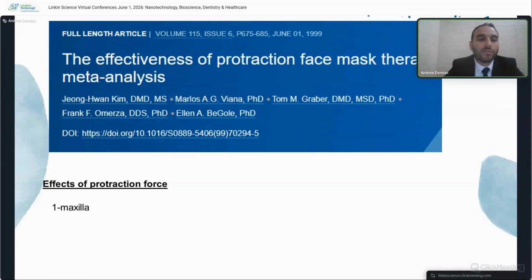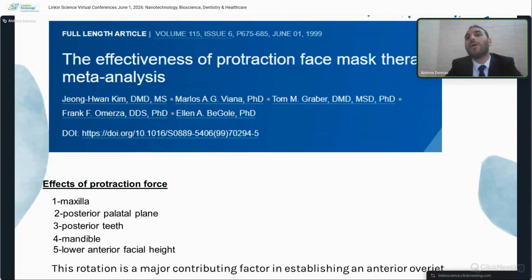Second of all, because we usually try to pull the maxilla forward, this causes a rotation of the maxilla around its center of rotation, and this causes the lower anterior facial height to be increased. How? Because the palatal plane goes up at the front side and down at the back side, this usually causes the mandible to move downwards and backwards.